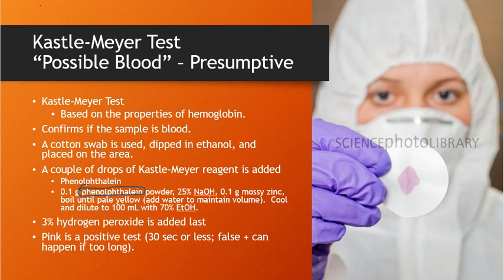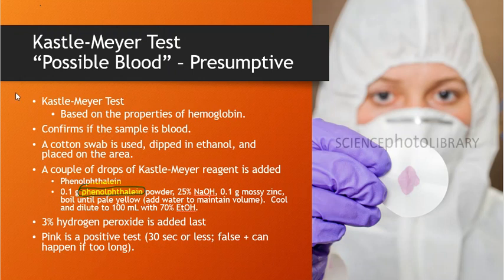Phenolphthalein is a molecule that we can put in solution and apply to a blood sample or something that we think is possible blood, and it will have a certain reaction to the blood sample, and it will turn that characteristic pink for you.